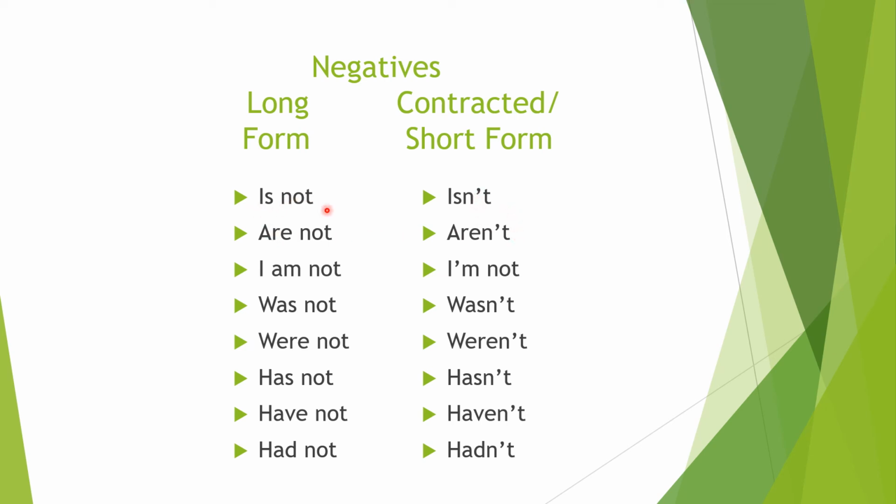Like is not, isn't, you pronounce it as isn't. Are not, aren't. I am not, I'm not. Was not, wasn't. Were not, weren't. Has not, hasn't. Have not, haven't. Had not, hadn't.